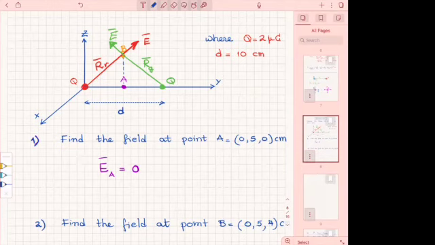If I am at B, then the field that I will see is going to be this one from the red charge. And the field that I will see from the green charge is going to be this one. And these fields will be different in direction, but they will have the same magnitude. So then, what is the combination of the two? What is the superposition of the two? What is it going to give me?